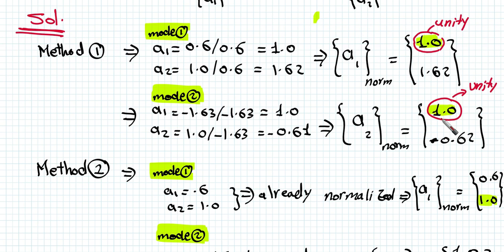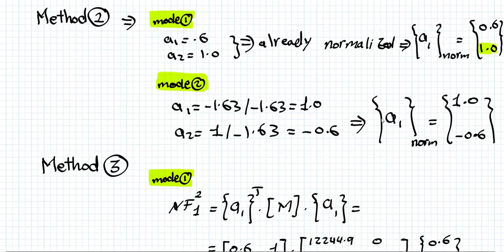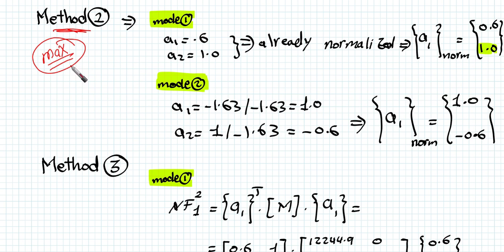Let's go now to the second method for normalization, which is related to the maximum. We are dealing with the maximum value here. We want this maximum to be 1, and the others are going to be relative to this one. So first mode shape, as we said, 0.6 and 1. We found that the maximum here is 1, which is already what we want.